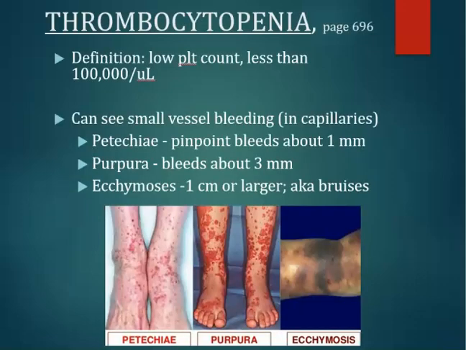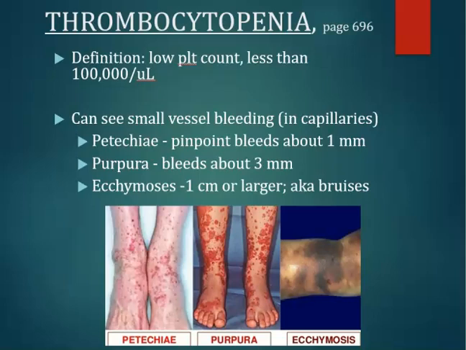First up is thrombocytopenia, which by definition is just low platelets, less than 100,000 platelets per microliter. You can see small vessel bleeding in our capillaries, and three different possible categories of bleeding. You can see petechiae, which is pinpoint bleeding, causing about 1 millimeter red spots on the skin, as in the first image on the left.